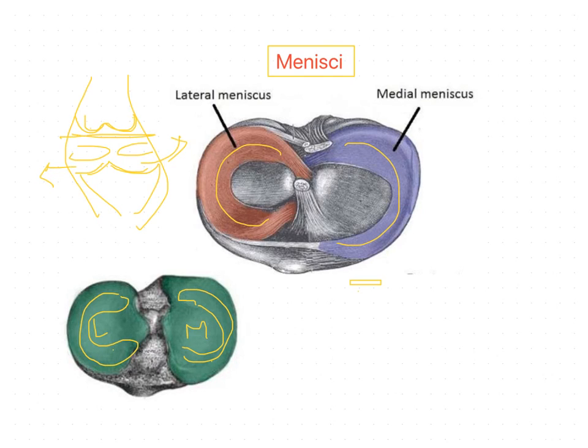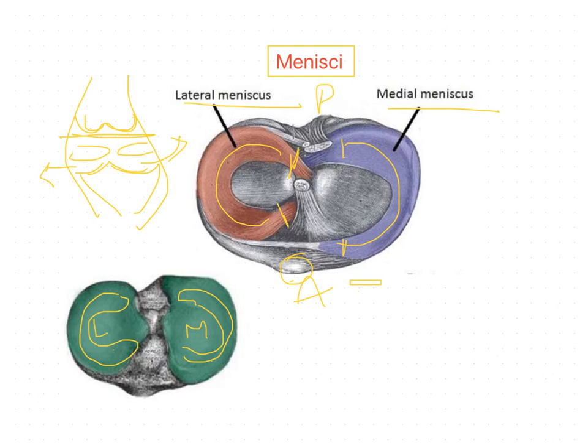Now we'll see that each meniscus has some important features. This one is the medial meniscus and this is the lateral meniscus. Each meniscus has two ends, anterior and posterior. Why is it called anterior?